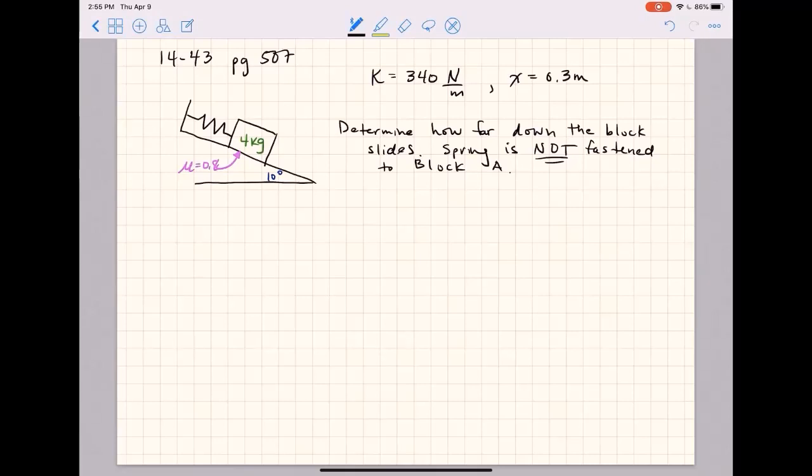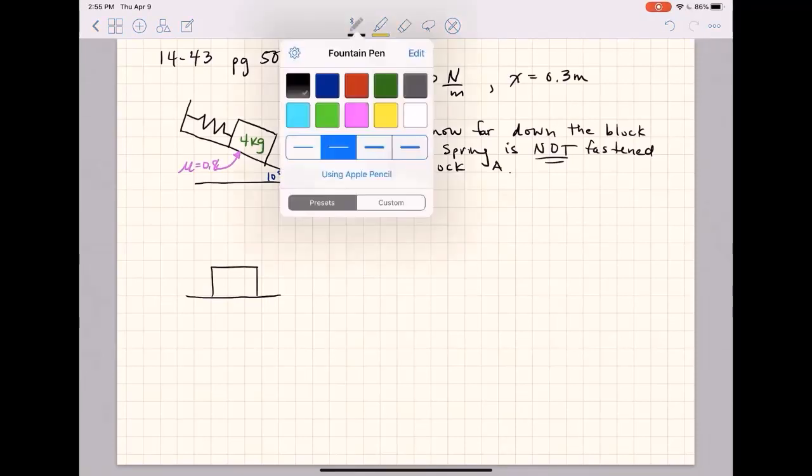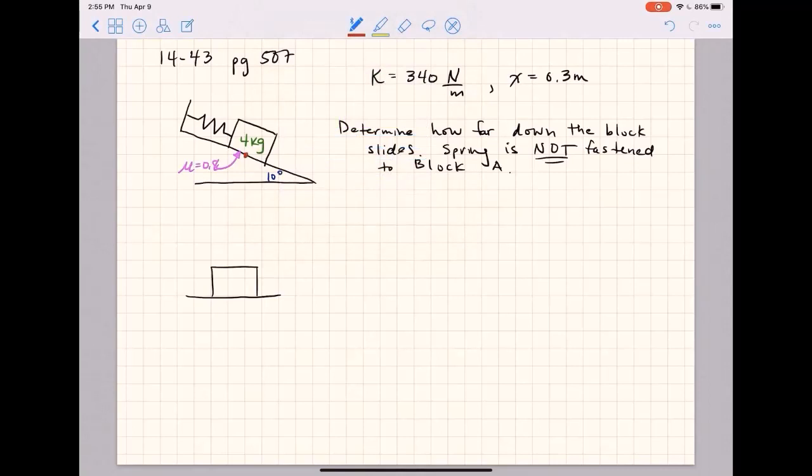What we should do is, first of all, look at the block in a horizontal vertical configuration. And so since we know, I'll just draw it here, that 4 kilogram block has a weight down, that means in this view, that weight is like this, right, at an angle of 10 degrees.